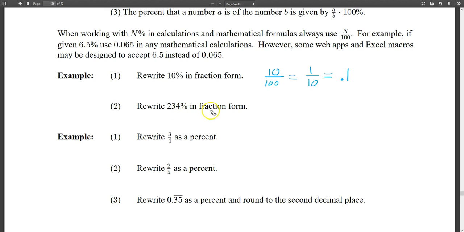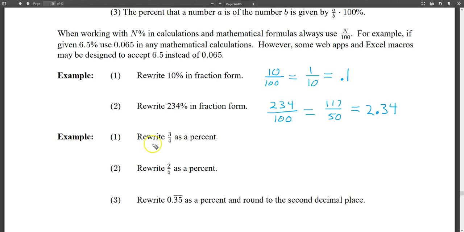Rewrite 234% in fraction form. Well, that would be 234 divided by 100. And that does reduce to 117 over 50. That's in its reduced form. Or, going back here, in decimal form, it's 2.34.